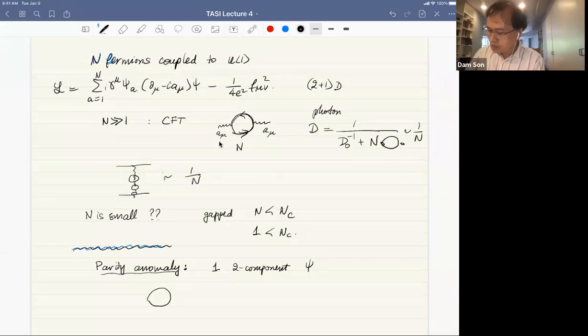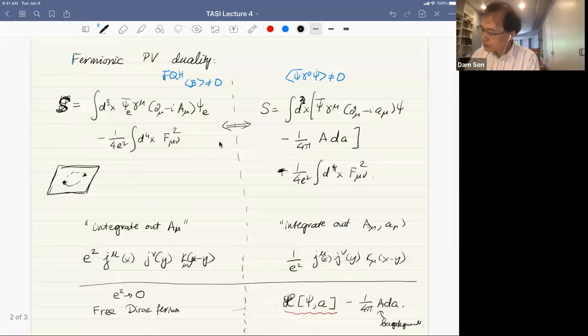Basically, if we compute the one loop graph where the fermions run in the loop, we have to regularize the problem by introducing, say, a Pauli-Villars field, and that Pauli-Villars field would break the parity symmetry of the theory.